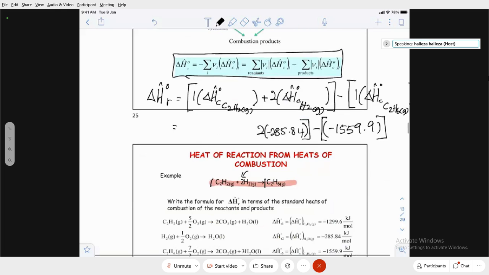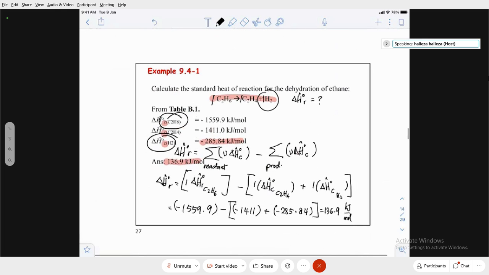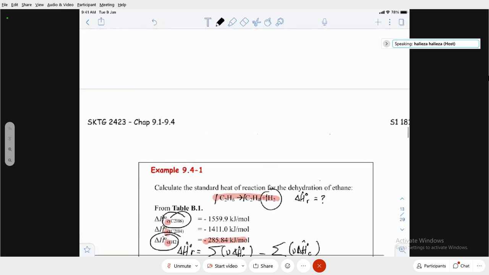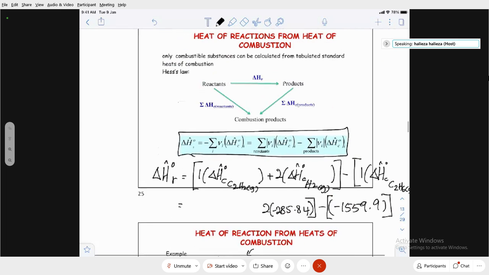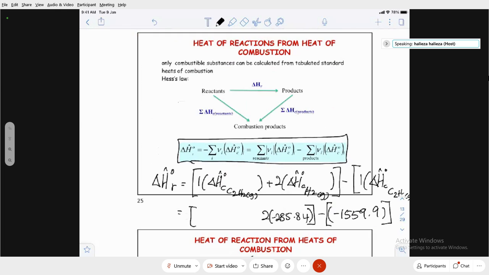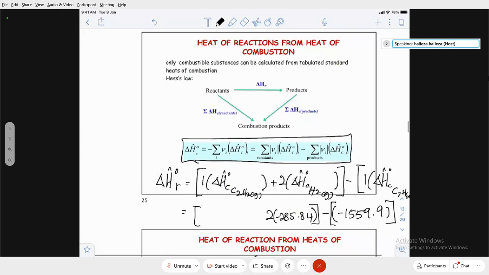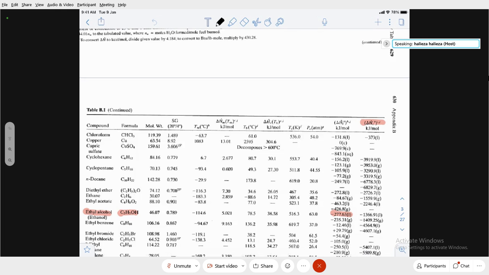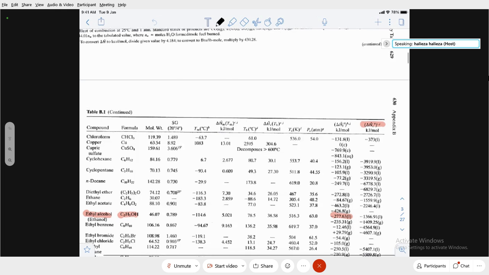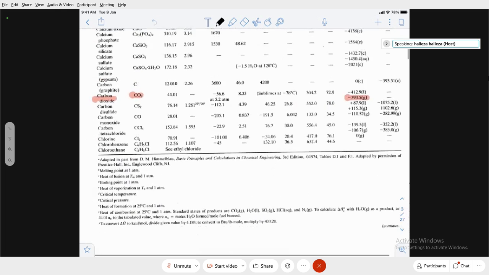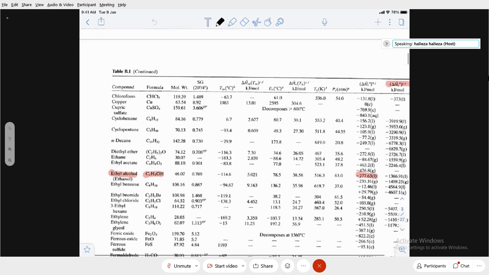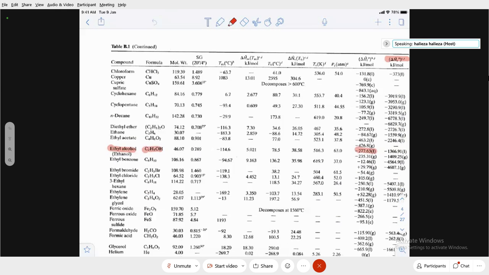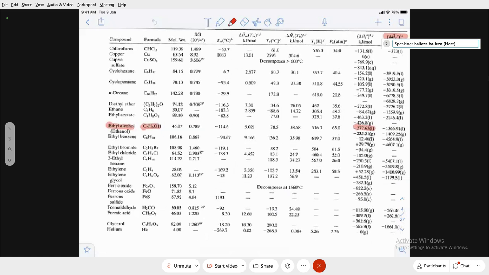Negative 285.84. Okay. And the last one, the first reactant, C2H2. Let's look it up. What is it? That might be ethylene. Let me use a highlight. I only have C2H6 and C2H4.